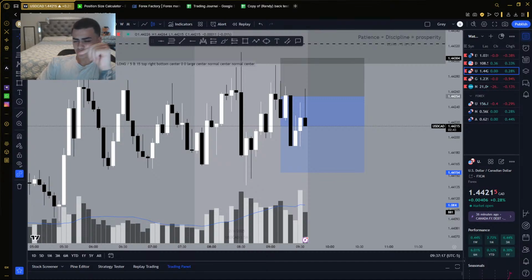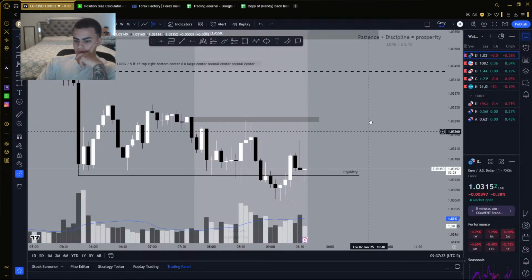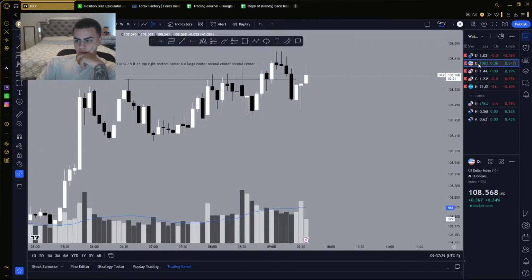I do want to see a strong push in this candle specifically. If I don't see a strong push down, then probably just end the day there. See how USD is looking like. Ooh. Had a strong push down here.